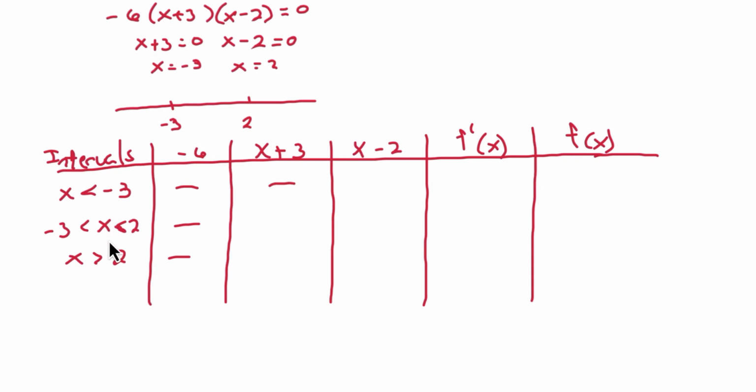And then picking a number between -3 and 2, plug that into x plus 3, we get a positive. Pick a number bigger than 2, plug it in, and we get a positive. Then going to x minus 2 and doing the same thing, we get negative, negative, positive.